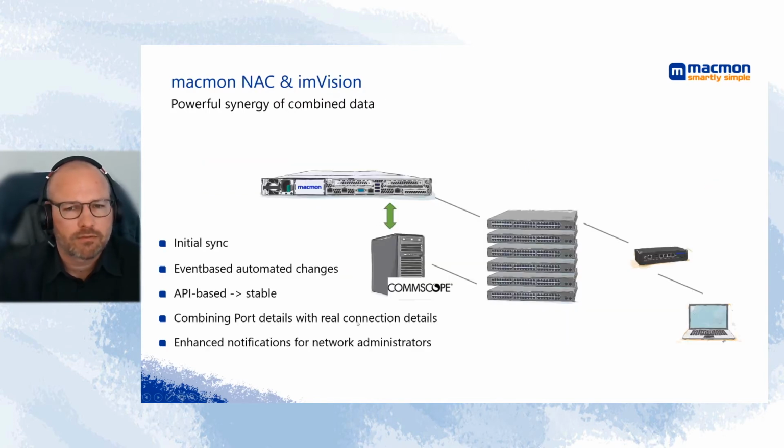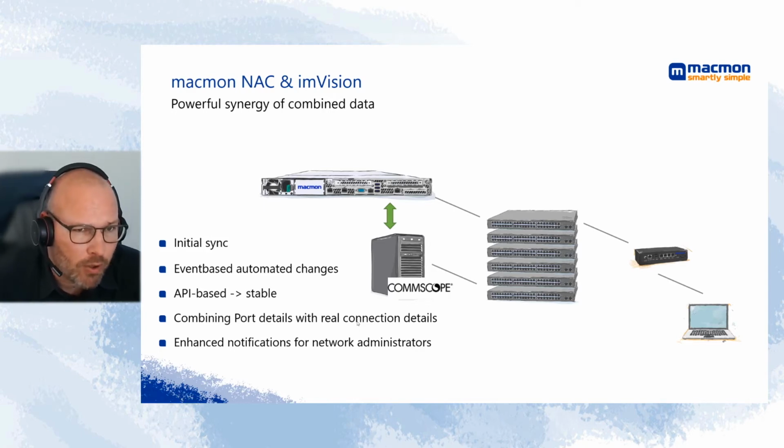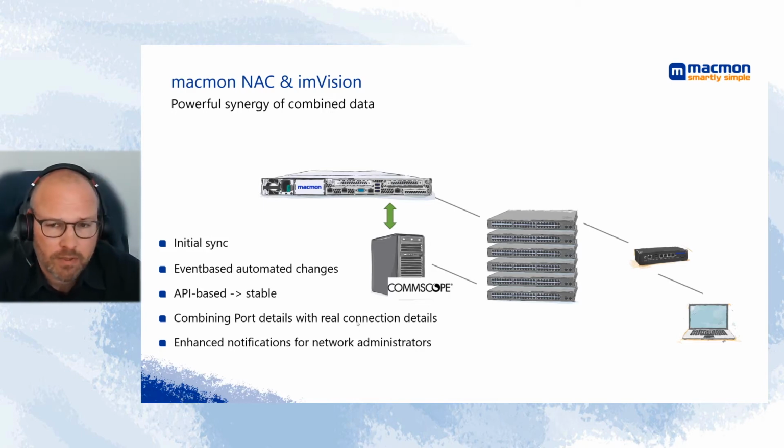So let me try to describe what really happens. It is about a powerful synergy of combined data. As described in the beginning, both products are discovering the network and having a lot of details about the infrastructure and the endpoints and the different ports which are available in the network. With an initial sync, the information from CommScope about the physical connections is transferred to macmon, and this is for an initial setup.